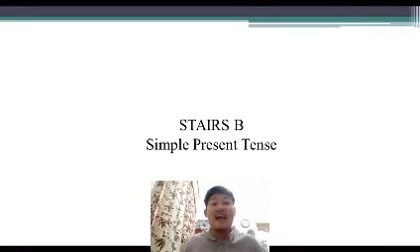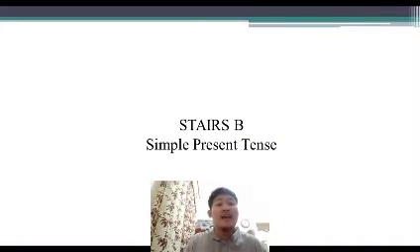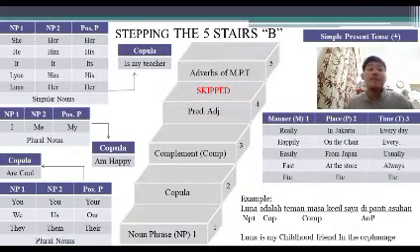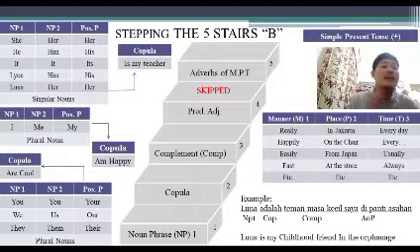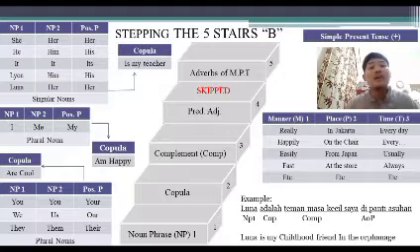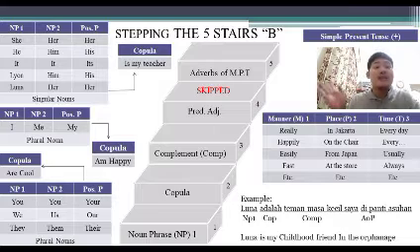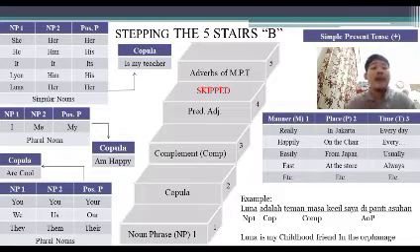Now we are at stairs B, and the first is simple present tense. In step five, stair B is sometimes used to construct English nominal sentences to describe status, condition, or things. In simple present tense, there are three tables: singular noun, plural noun, and plural noun. The copula for I is am, for you, we, they is are, and for a singular noun is is.